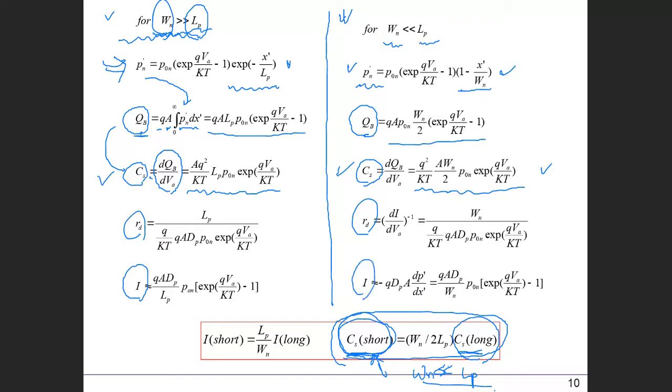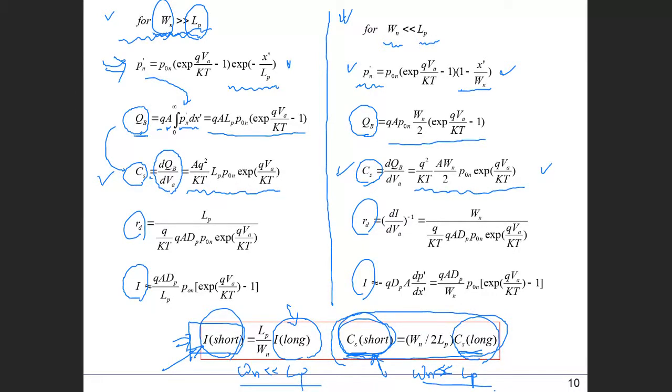If we follow this step and look at the current, comparing the short base and long base, WN is much smaller than LP, which means that the short-base diode can have a much higher current flow compared to the regular PN junction diode.